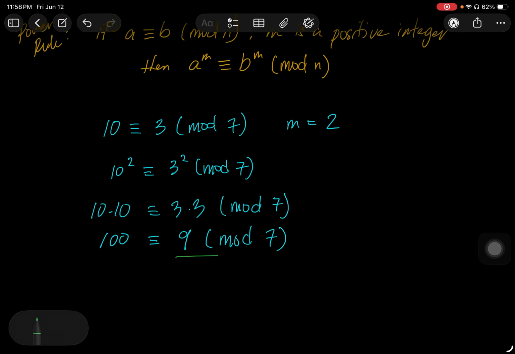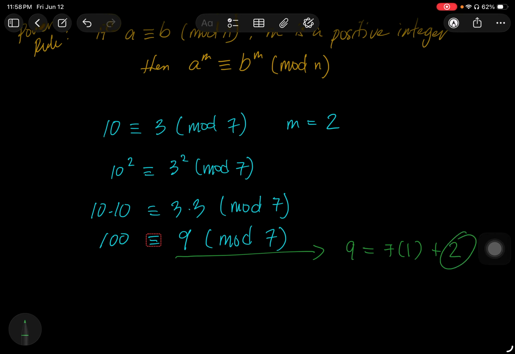So this part is, I think, easier. We know that 9 is equal to 7 times something plus something. So 7 times 1 only, and then plus 2. So our remainder for this one is 2. Now let's have it with the 100. 100 is equal to 7 times something plus something.